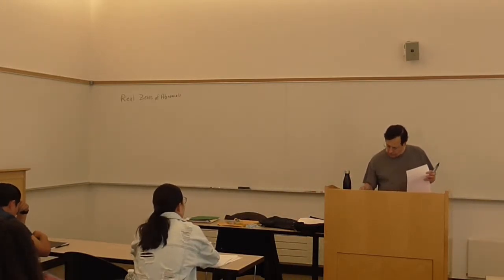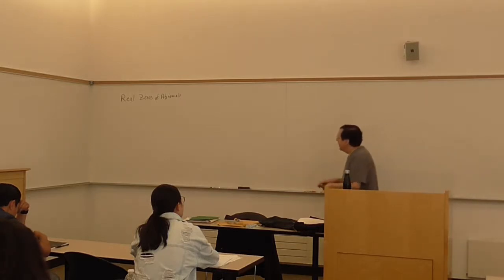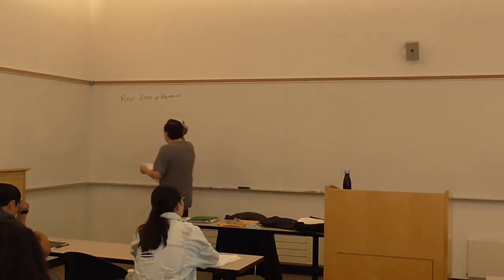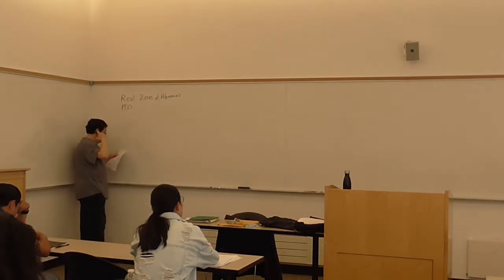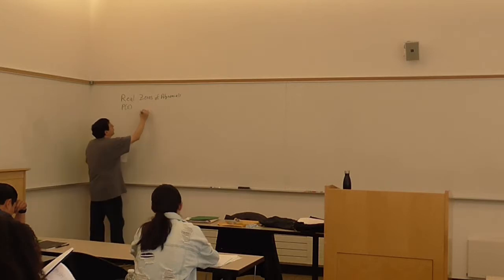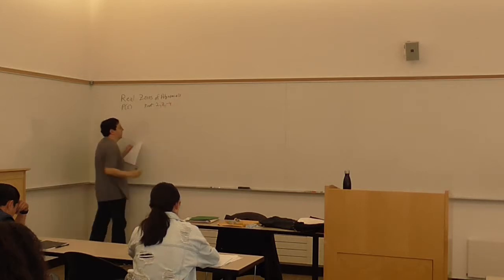So I'm going to start with an example. Suppose I have a polynomial and it has real roots 2, 3, and negative 4.